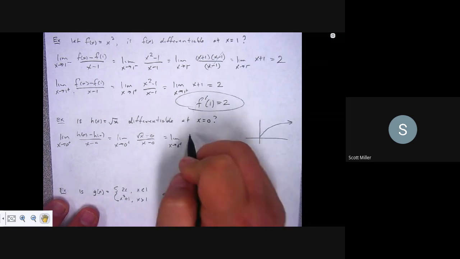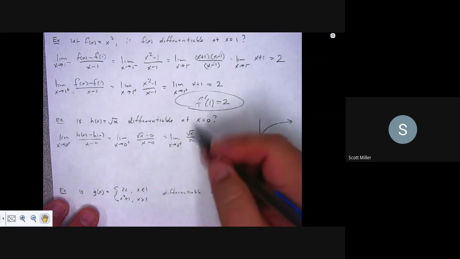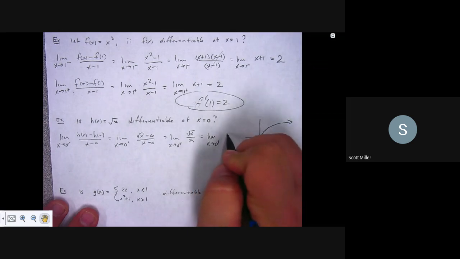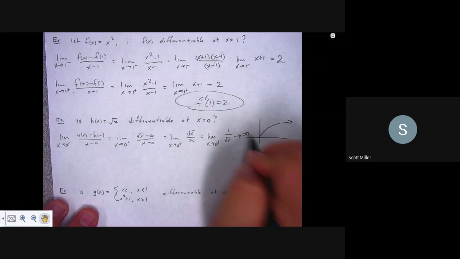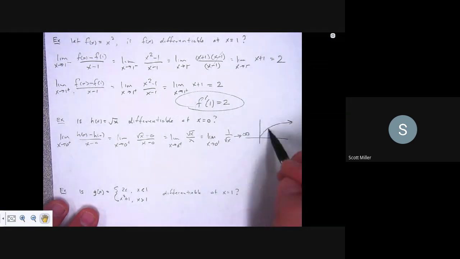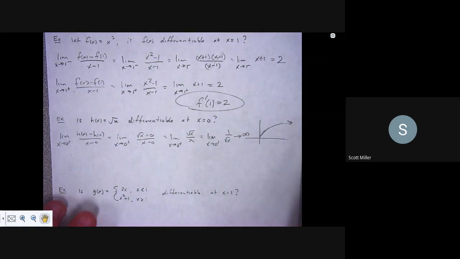Hopefully you saw something kind of obvious, but we'll talk about it in a moment. If you use exponent rules, you're going to get 1 over the square root of x, which is approaching infinity. So the slopes here are all positive, and as they get closer, it's going to turn into a vertical tangent.